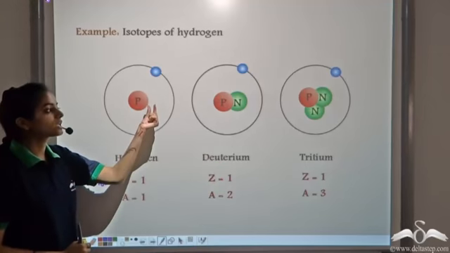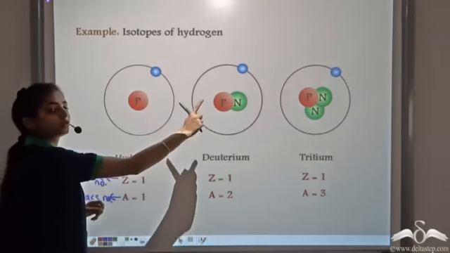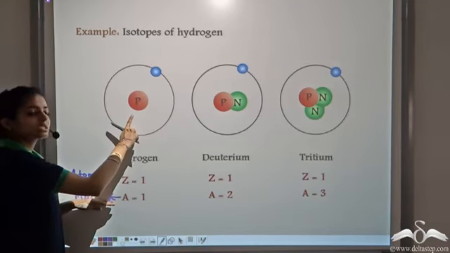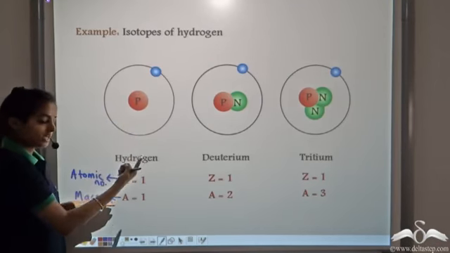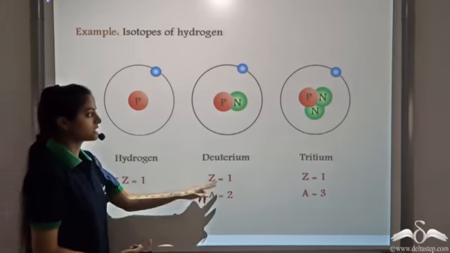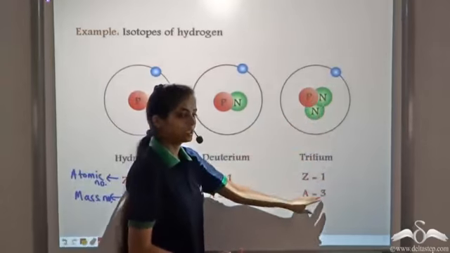The change is in the number of neutrons. So as the number of neutrons changes, the mass number, which is the total number of protons and neutrons in an atom, changes. So the first isotope has mass number 1, the second has mass number 2, and the third has mass number 3.